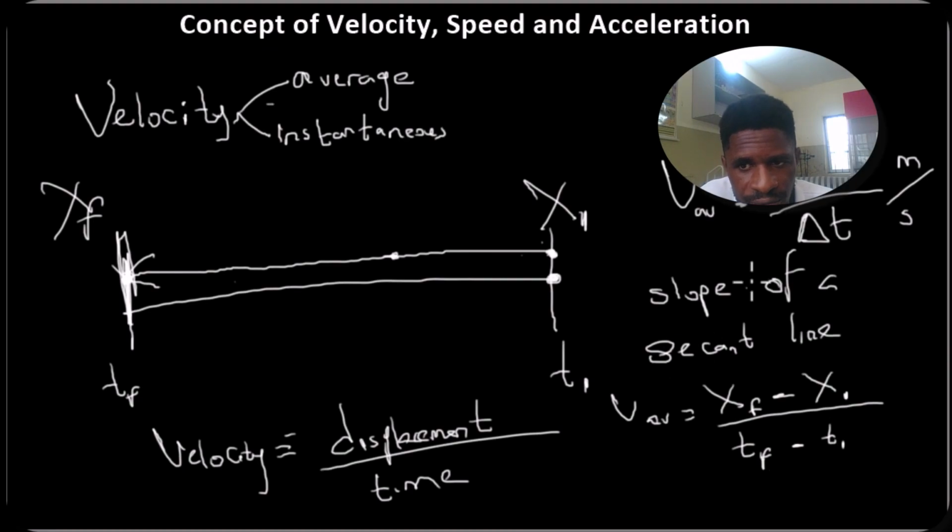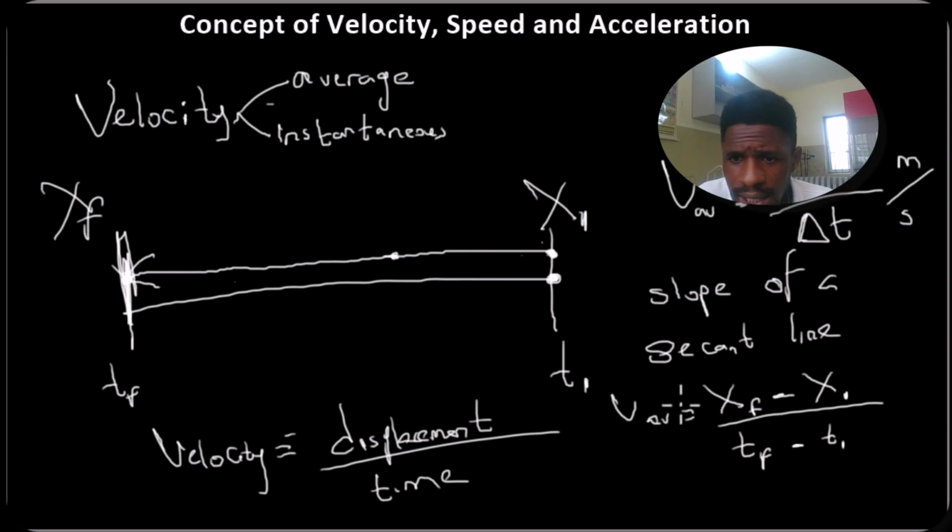Remember, we said the first thing that delta over delta represents in physics is the slope of a secant line. So remember the formula to calculate the slope of the secant line. We have y2 minus y1 divided by x2 minus x1. So they look alike, they look similar.